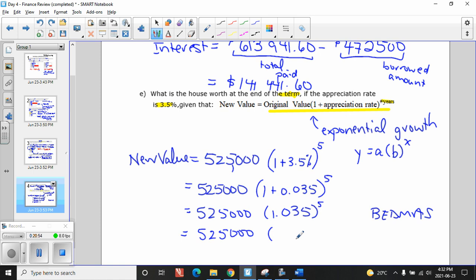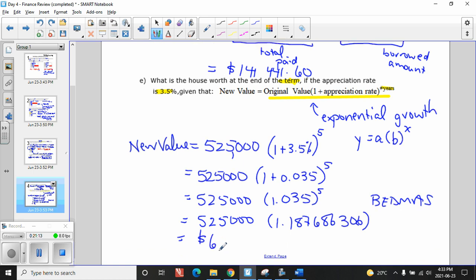The answer there is like a big long decimal, 1.187,686,306. So I didn't even write down everything. If you're doing this yourself, you should keep that number on your calculator and then multiply by 525,000. And the final value of this home after 5 years is going to be $623,535.31. So it's grown a good deal over those 5 years.